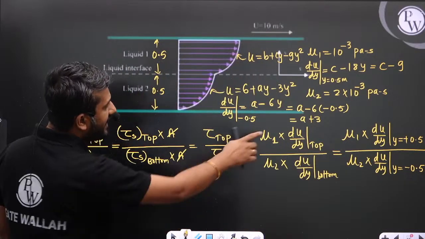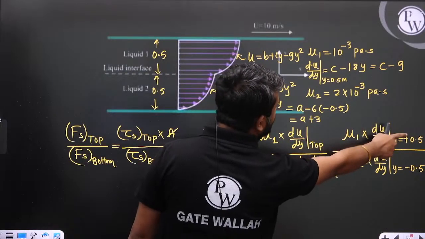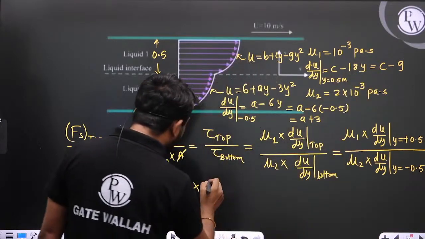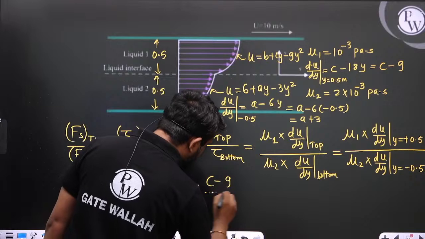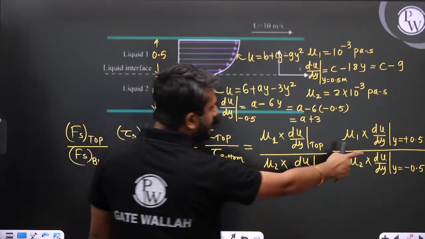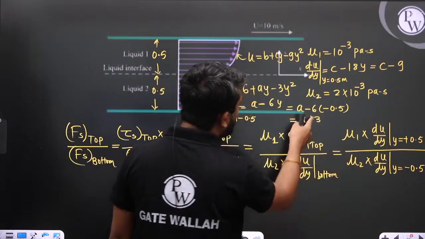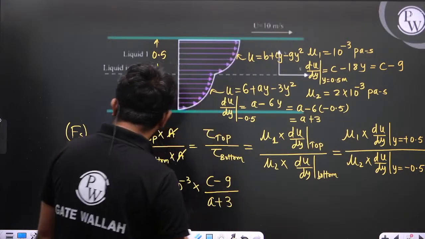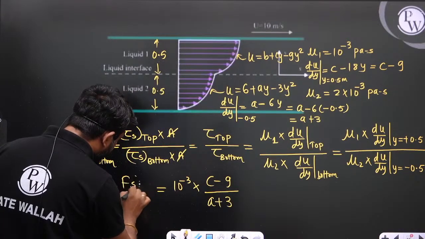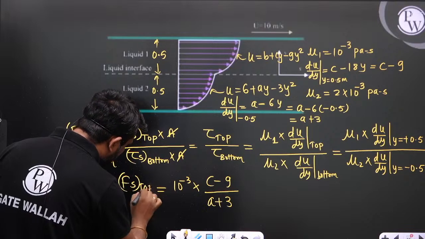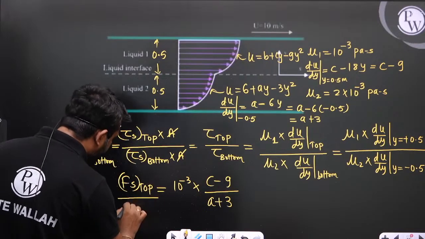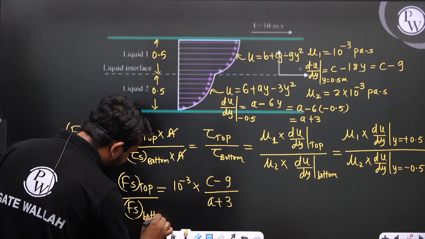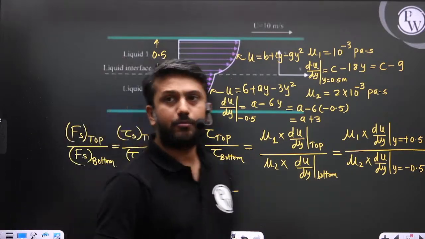So simply we can write du by dy at y is equal to plus 0.5, this is c minus 9, upon du by dy at y is equal to minus 0.5, that is a plus 3. So this is the ratio of shear force experienced by the top plate to the bottom plate.